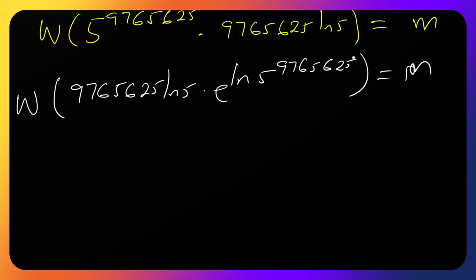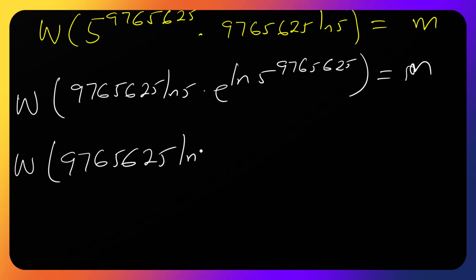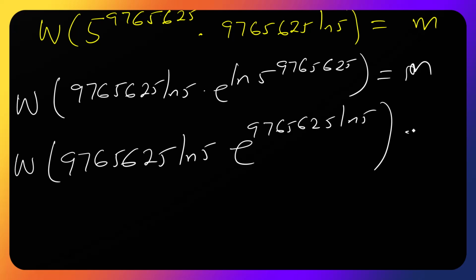From here, this one is a power rule. So W function of 9765625 ln of 5 times e raised to that 9765625, this one will come behind ln of 5, equals m. Perfect. Now this one is same as this, and taking W function will give us one of them.